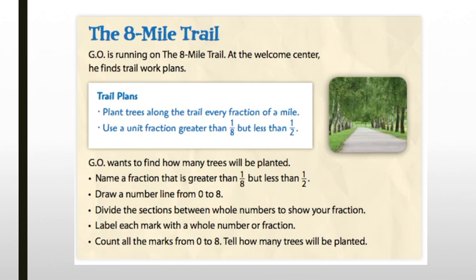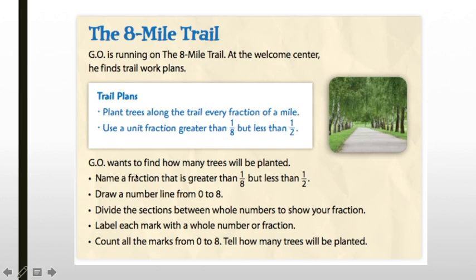And he wants to use a fraction that is greater than 1/8 but less than 1/2. So we have unit fractions here. And remember, a unit fraction is a fraction that has a 1 in the numerator. So we want to come up with another unit fraction that's greater than 1/8 but less than 1/2. So that comparing is going to be really important for us here.